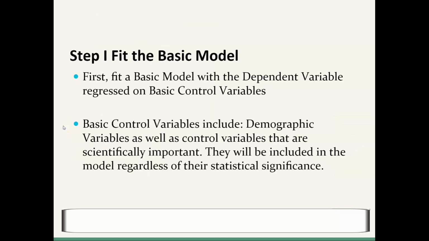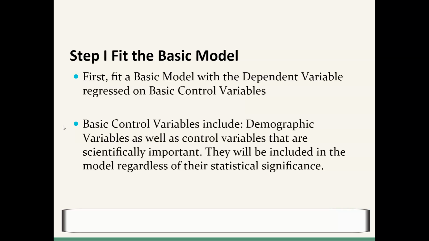So step 1, fit the basic model. First, fit the basic model with the dependent variable regressed on basic control variables. Basic control variables here include demographic variables as well as control variables that are scientifically important.